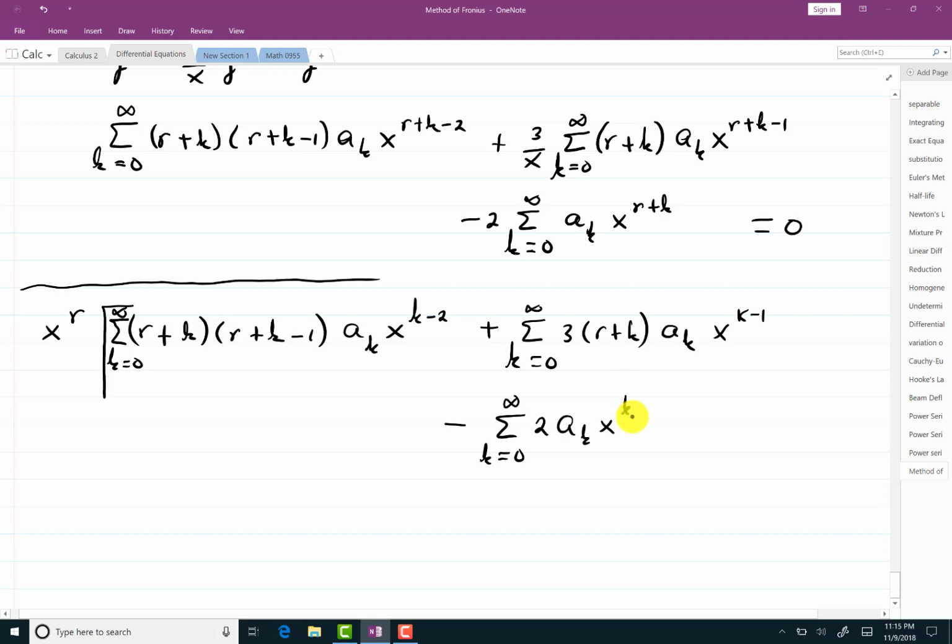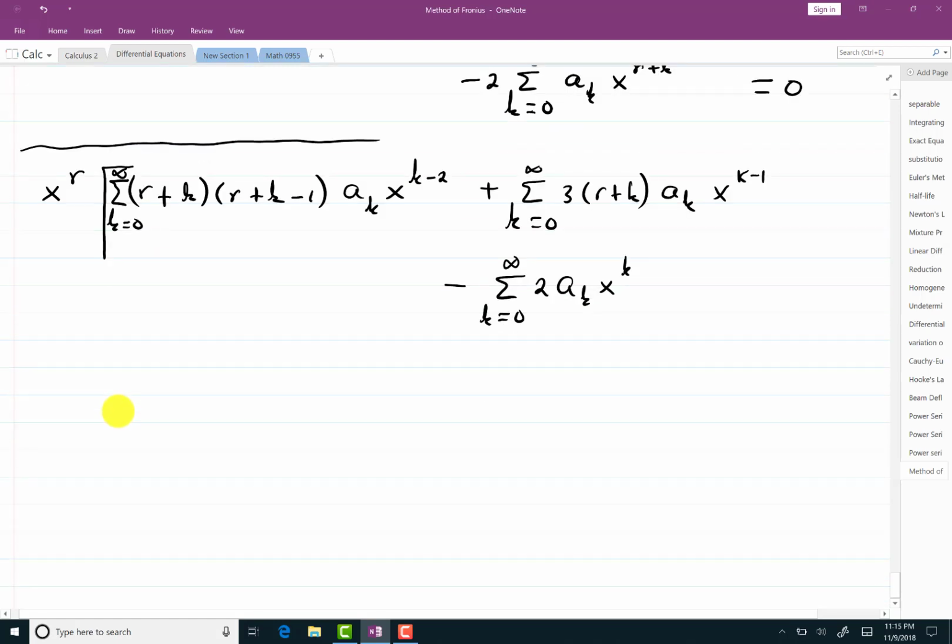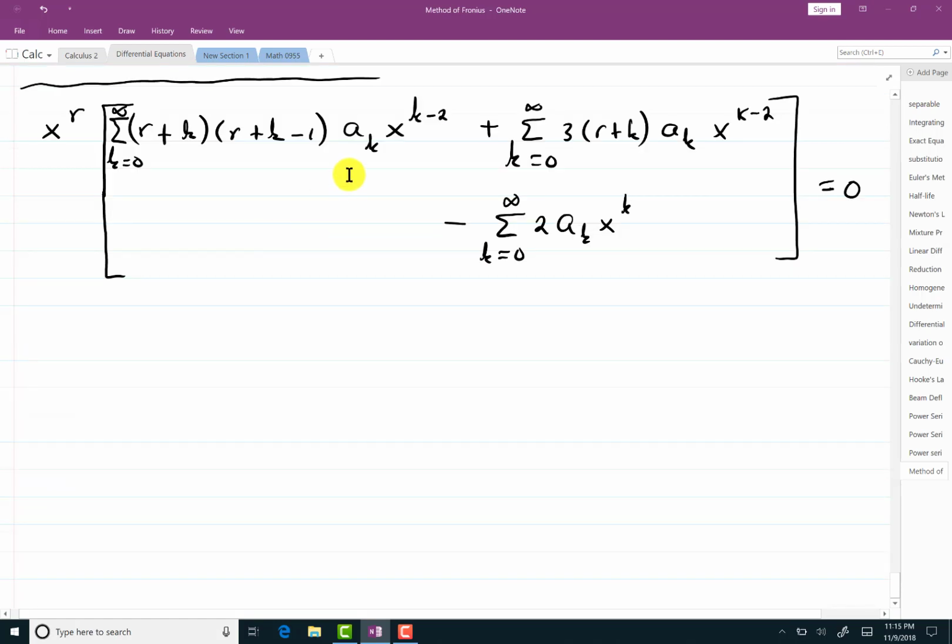And let's see where everything starts. For this, it starts at k equals 0. This should be k equals 0 as well. And this starts at k equals 0. Let me go ahead and release the first 2 terms from these first series to get the indicial equation.